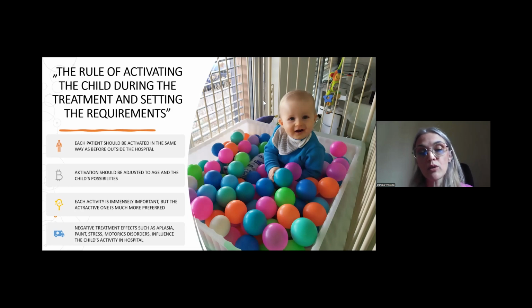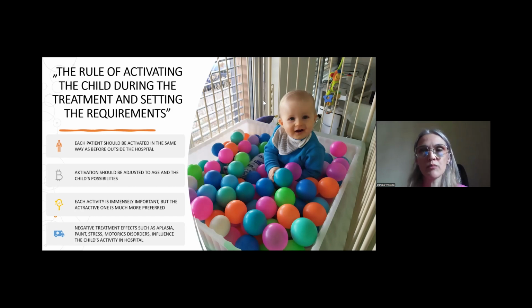And the snoezelen room is the place where we can do more very attractive playing and games and everything we want. Of course, we have to think about the long-term effects of treatment. So it is important to do everything so that the negative treatment effects are less.